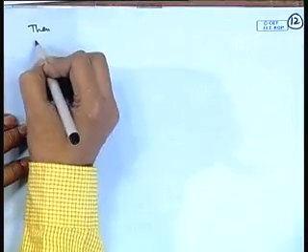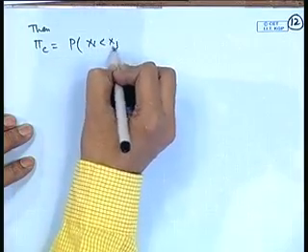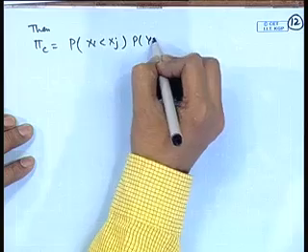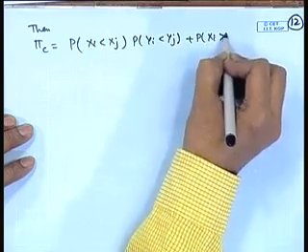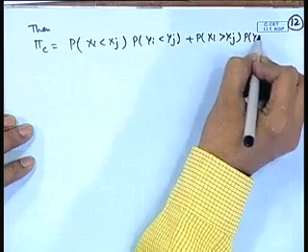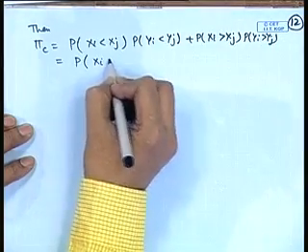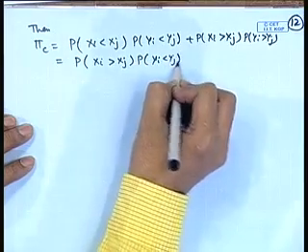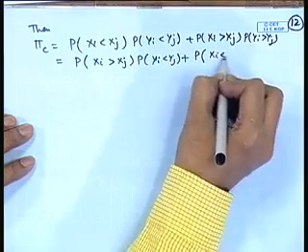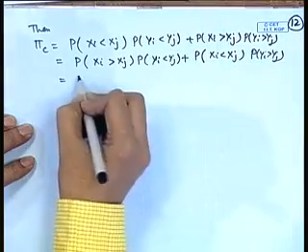So, in that case this pi c value will be equal to probability of xi less than xj into probability of yi less than yj plus probability of xi greater than xj into probability of yi greater than yj, and because of the symmetry this can be then written as probability of xi greater than xj into probability of yi less than yj plus probability of xi less than xj into probability of yi greater than yj, which is nothing but pi d.